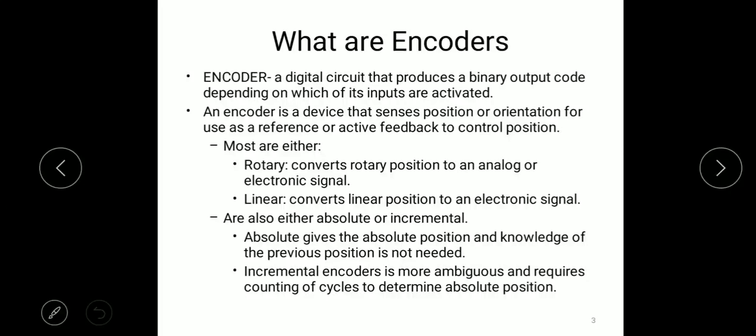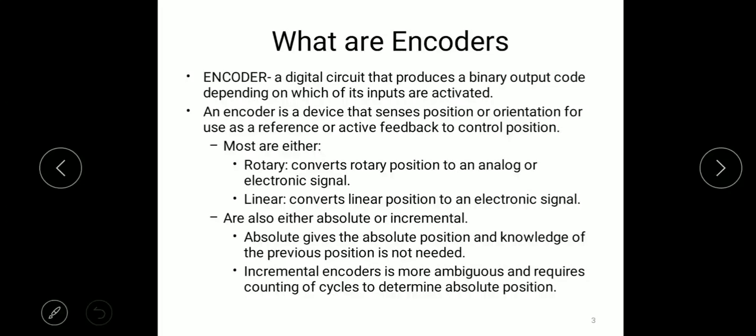There are two types of encoders available in the market. One is the rotary type encoder, which converts a rotary position to an analog or electronic signal. For example, if you need to measure speed, rotary encoders are used.